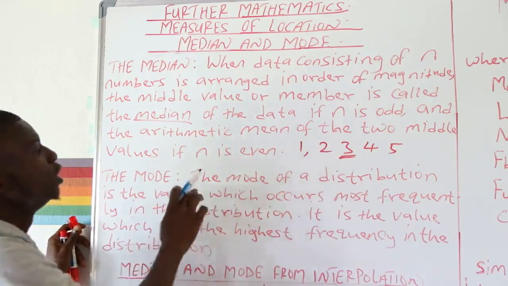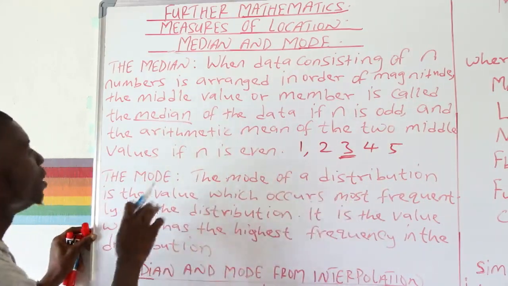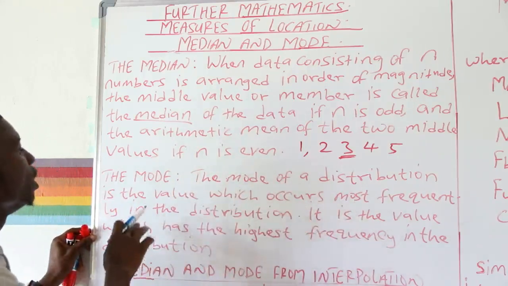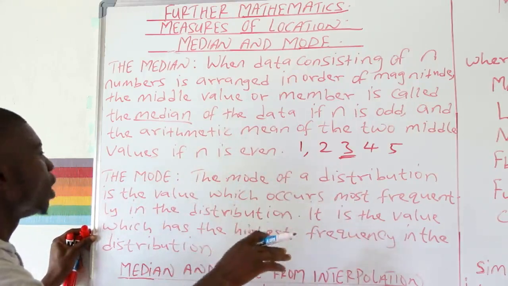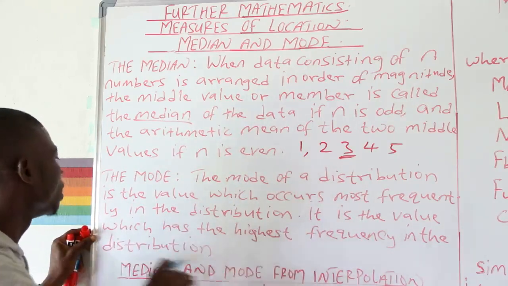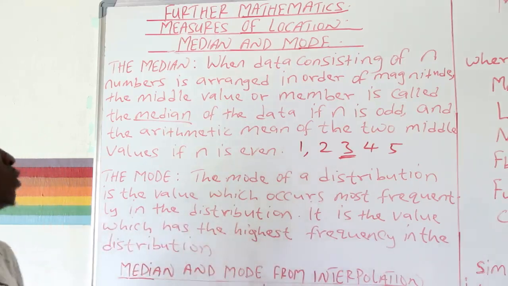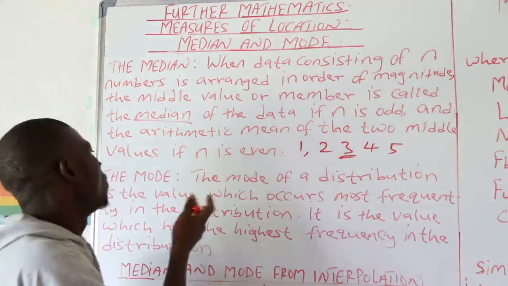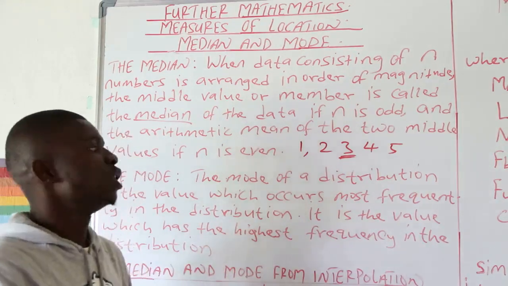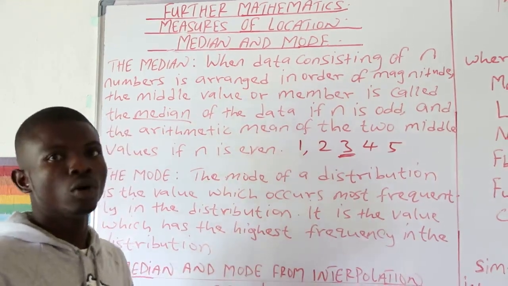Now the mode. The mode of a distribution is the value which occurs most frequently in the distribution. It is the value which has the highest frequency in the distribution. Likewise, in our primary school levels, when we are talking about mode, we said mode means number that occurs most.